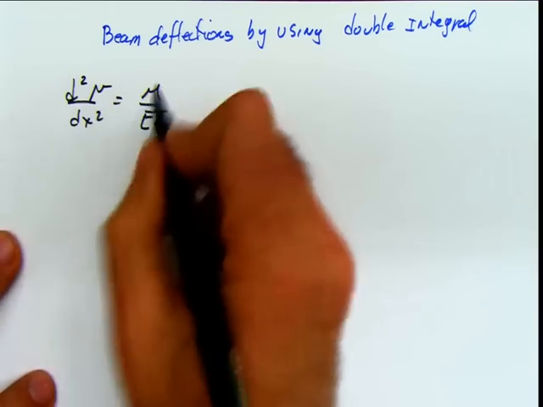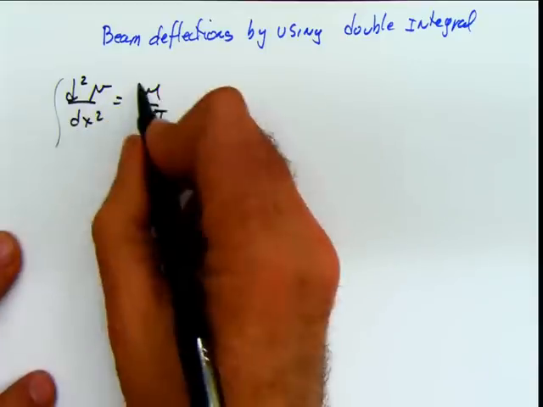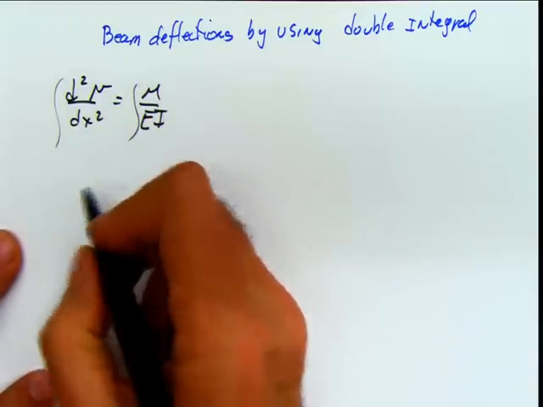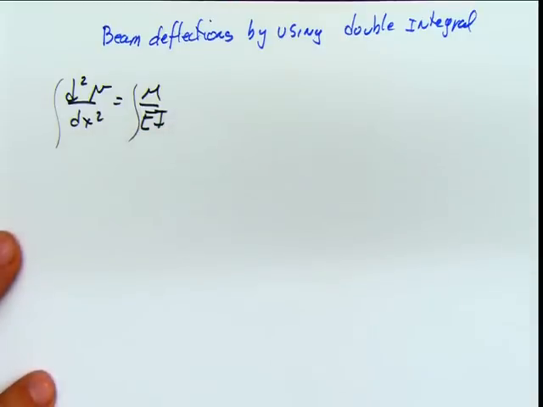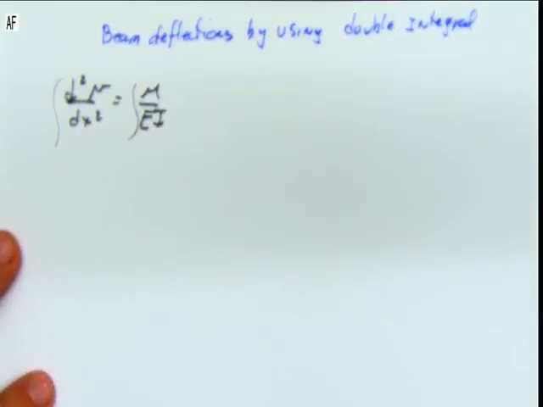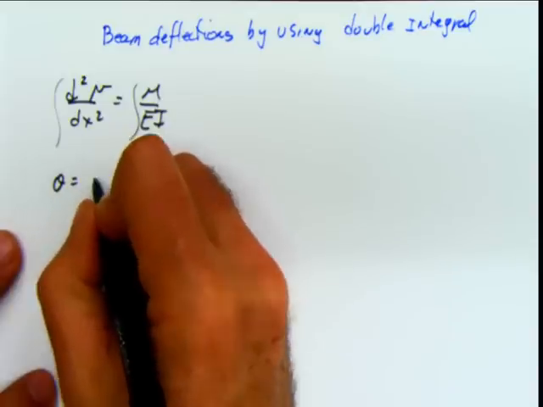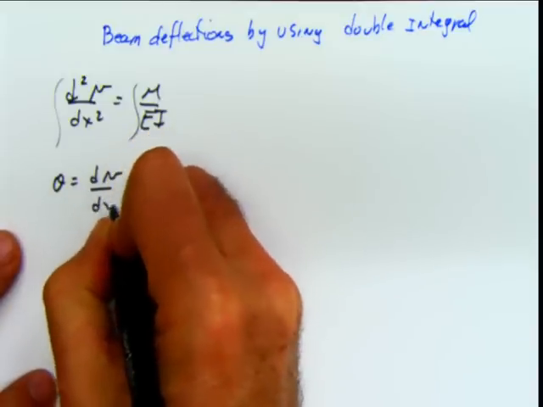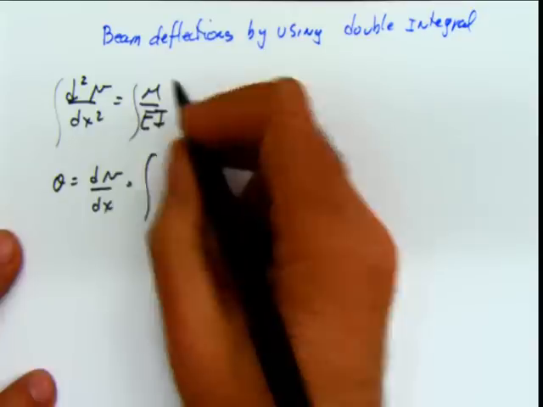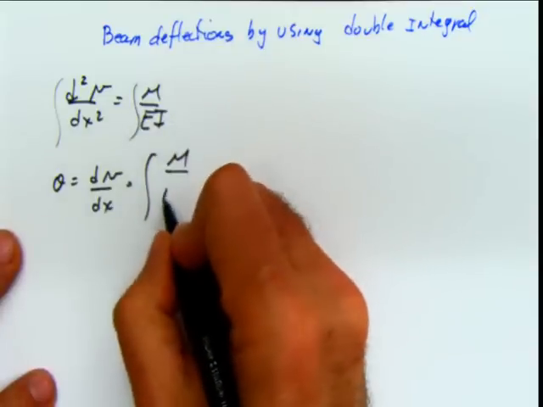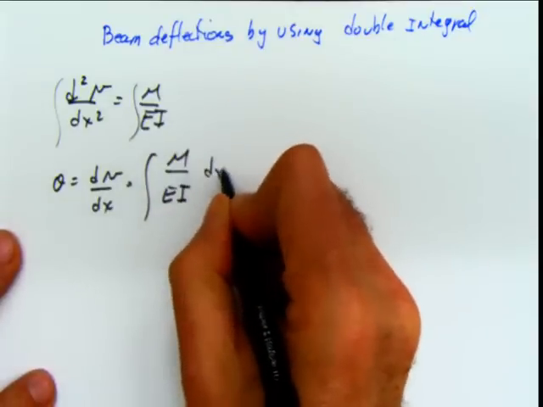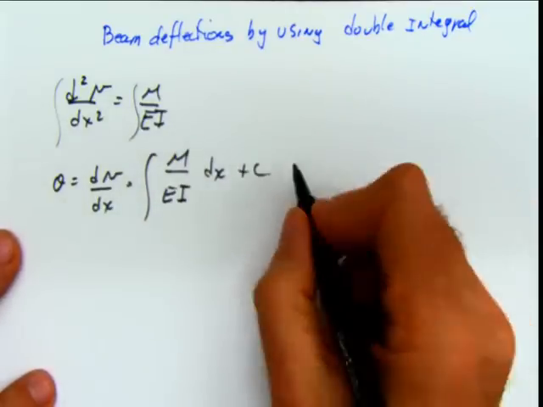If we integrate both sides, we get the slope, dv dx, which is the integral of this plus a constant. Remember, this is the slope.